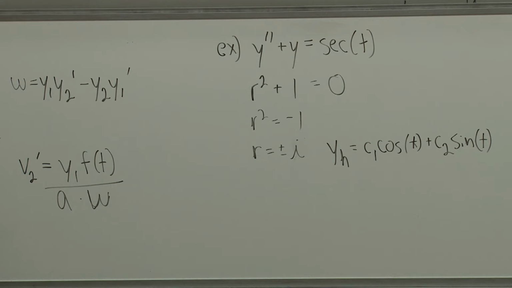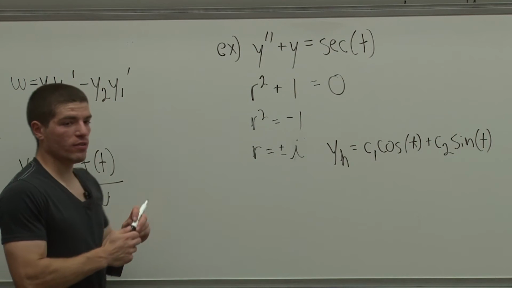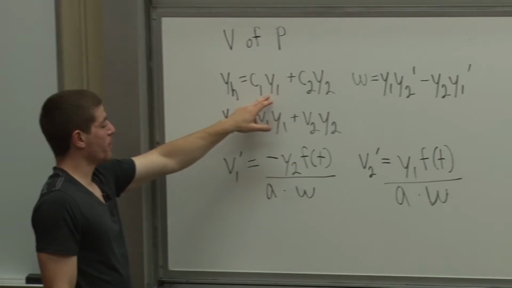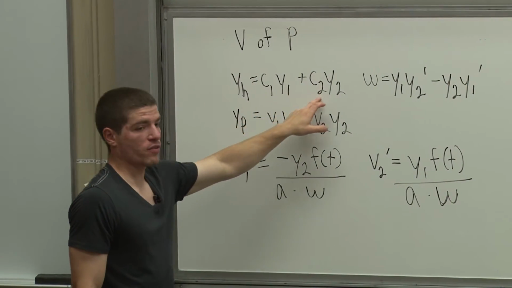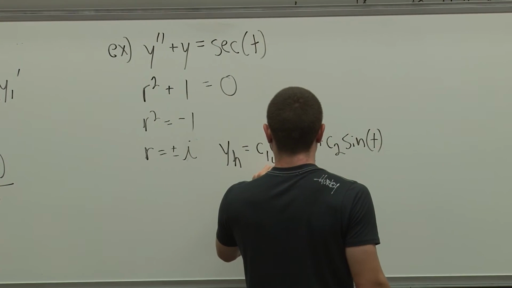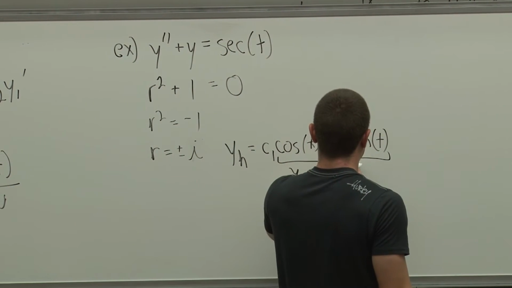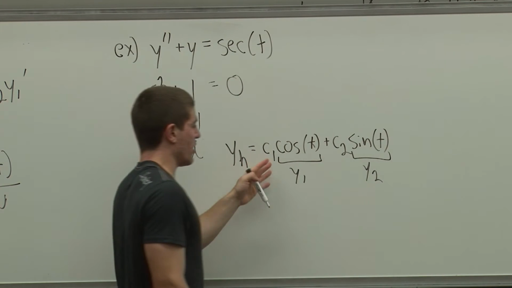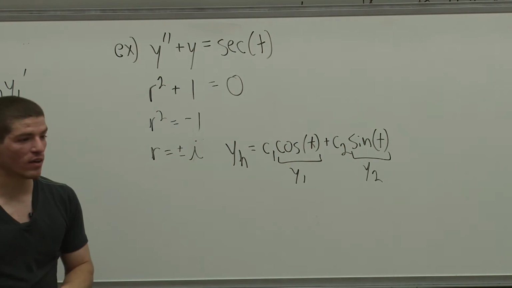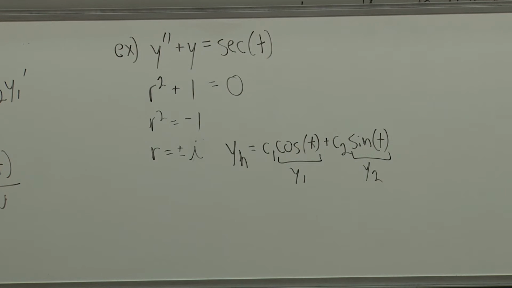Now, looking at these equations, we need to locate our y1 and y2, which are whatever's next to c1 and whatever's next to c2, respectively. So cosine is y1, and sine is y2. I always bracket them, in case the board gets messy and I need to see where I'm working. All right. So we have y1 and y2.